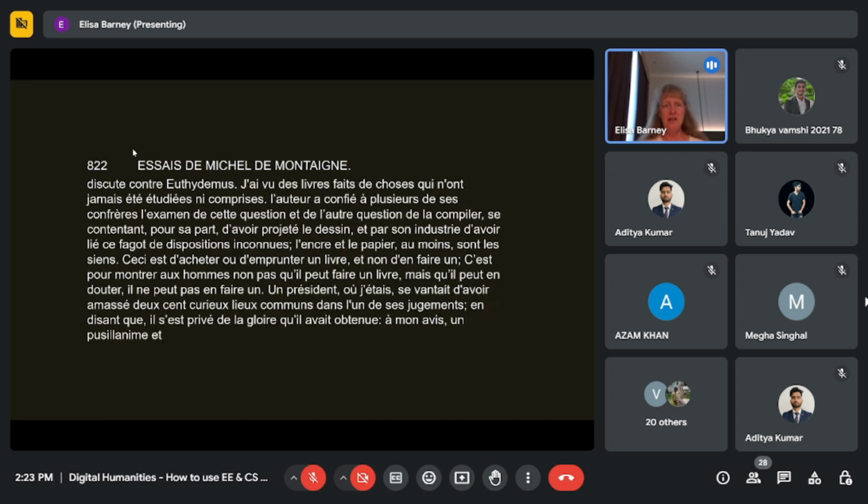So that can be translated into modern French, which now means it's a lot more accessible to both modern day young people in France, as well as modern day people who may have studied French, but are not living in France. Suddenly we've made this very old document a lot more accessible to a lot more people.